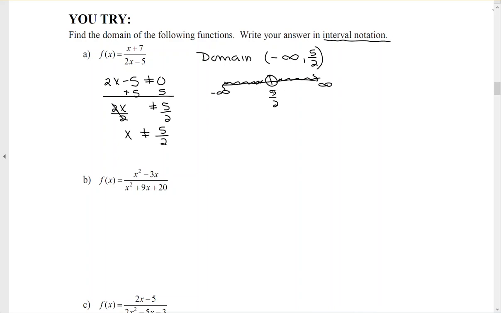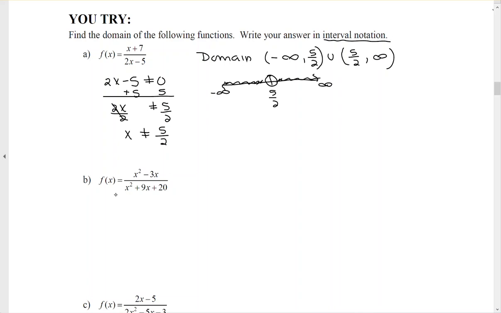Means we can't use the number 5/2. That's why we have the not equal symbol here. Or starting it back up on the other side of 5/2, it can get close to it, just not be 5/2. We go 5/2 out to infinity. And that's the domain for the first problem.